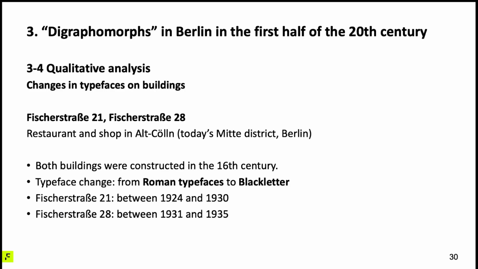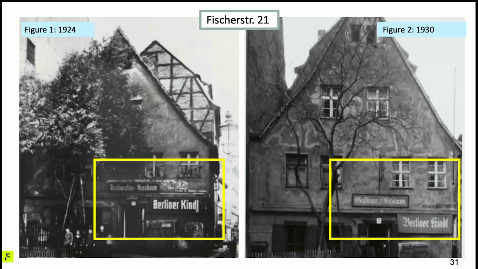From here, I will discuss examples of typeface changes. The buildings erected in the 16th century on Fischerstraße changed their lettering in the first half of the 20th century. I showed these buildings' photos at the beginning of my presentation. The lettering was changed from Roman typefaces to Blackletter.